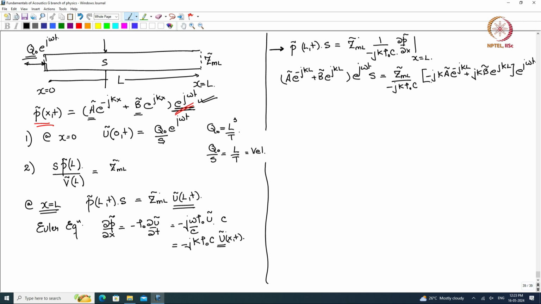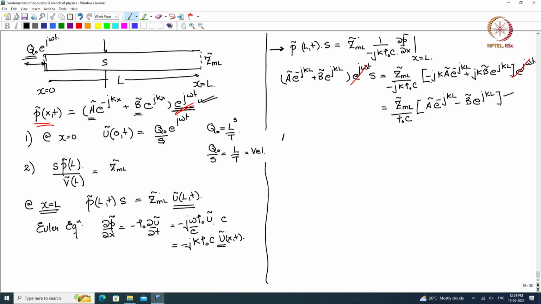So now what happens? If I cancel the j k bit now, Z m L tilde by rho 0 c, if I cancel the minus j k, A tilde e to the power of minus j k L minus B tilde e to the power of j k L, and I'll take out the time. As I said, it's cumbersome to carry that all the while. So what if I bring this to the other side?